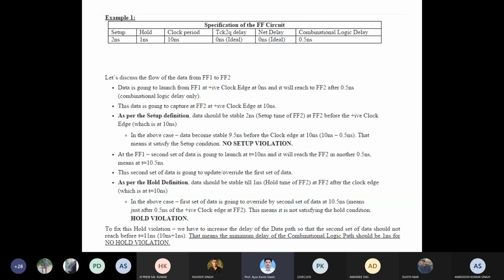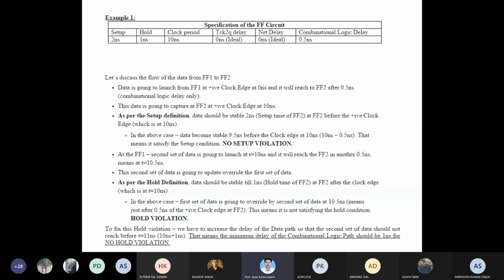Are you getting it? Now let me know what I should do so that there will be no hold violation here. It's a very simple thing. Please tell me. Increase the combinational logic delay, sir. Stability is not 1 nanosecond, so it is written at the bottom also.